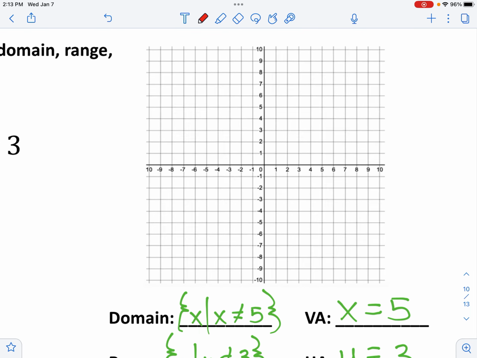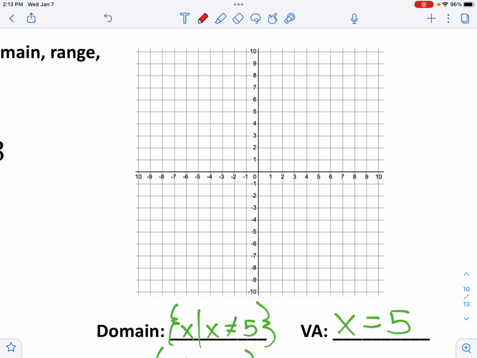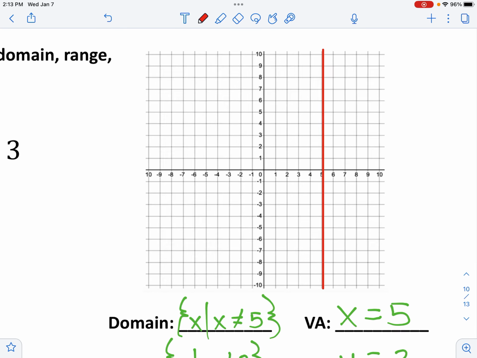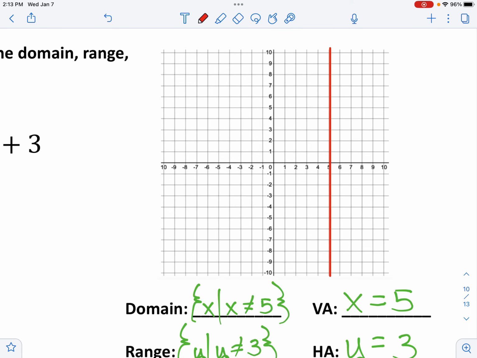So x equals 5 is a vertical line. Okay. And then I have a horizontal line at 3. I like to make this a dashed line. This is the best way for me to do this on the iPad.